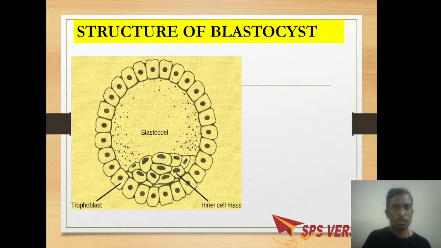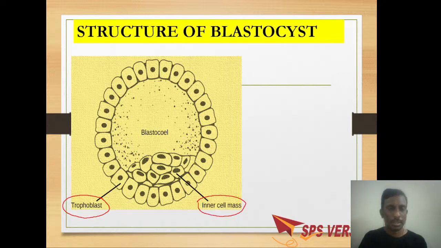This is the outermost layer of cells, the blastomeres, which is called trophoblast. These are the inner cell mass, the cells present inside the trophoblast. And there is a fluid-filled cavity, which is called the blastocoele.